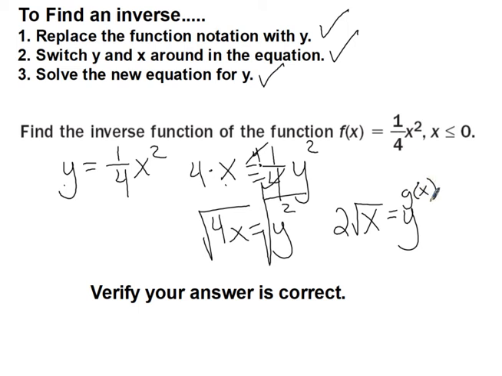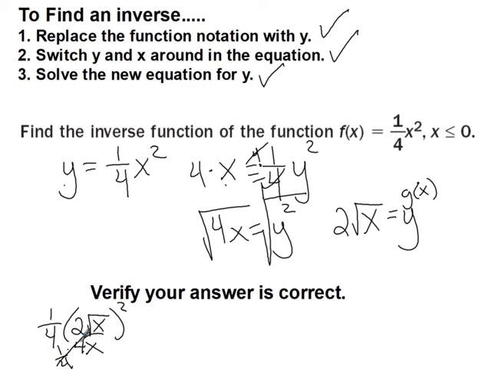So to verify whether or not my answer is correct, I'm going to take f, and where I see x, I'm going to put in my new inverse. So I'm checking whether or not the composition of f and g works with the x. If I square this, that gives me 4x multiplied by 1/4.